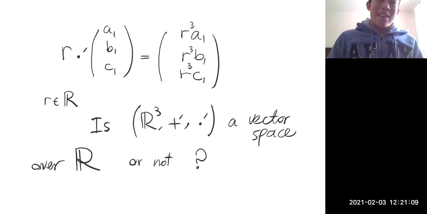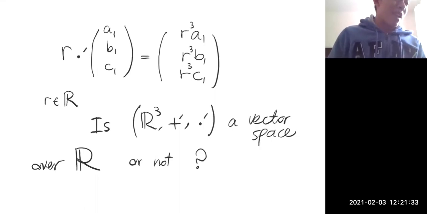I started with additive associativity, and if you try to just check one element of a given vector, say A11, you would find that you would be adding the first element with the cube root of A12 plus cube root of A13, cubed.